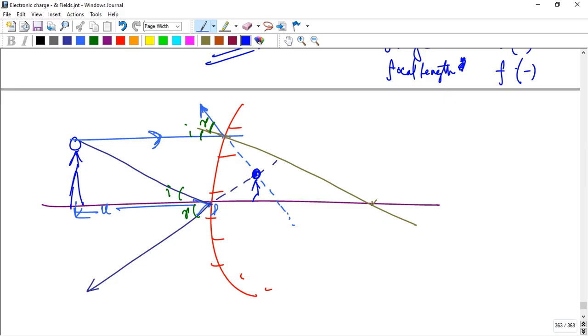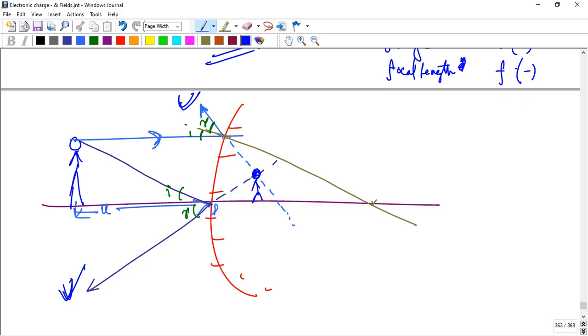You see that all reflected rays actually do not meet here, but backward, virtually, they meet here. These are the reflected rays, they go back so they do not meet, but virtually when I dot the lines backwards, they meet here.